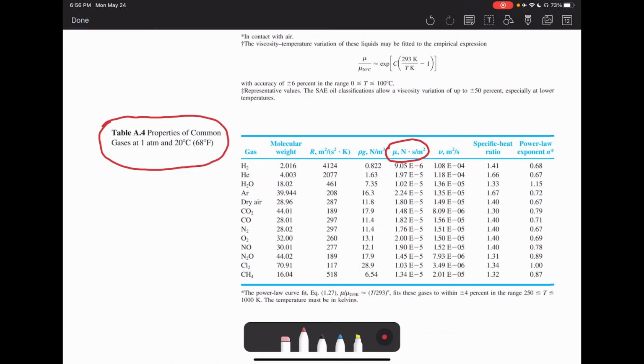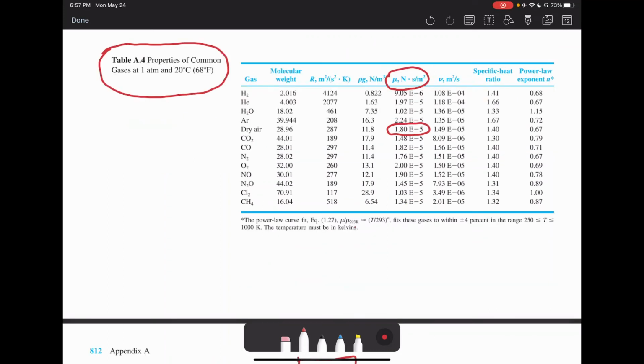So you can see that the viscosity for our air is given in this chart right here. So this viscosity is for gas at 1 atmosphere and 20 degrees Celsius. Now, that's clearly incorrect. Our gas is not at 1 atmosphere and 20 degrees Celsius, and it is probably pretty far off from that.